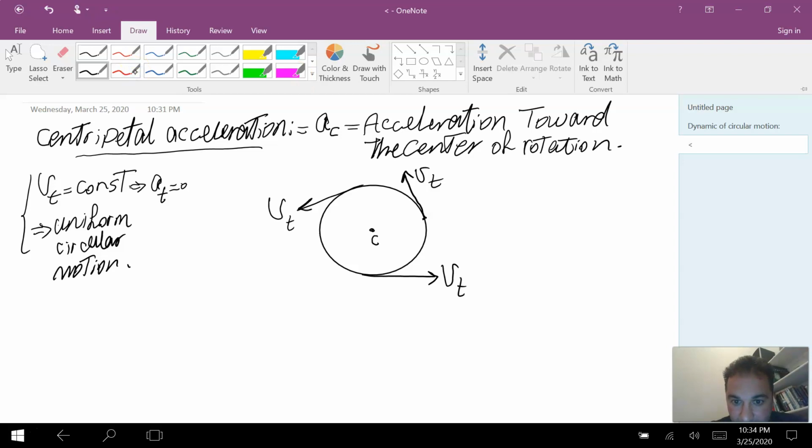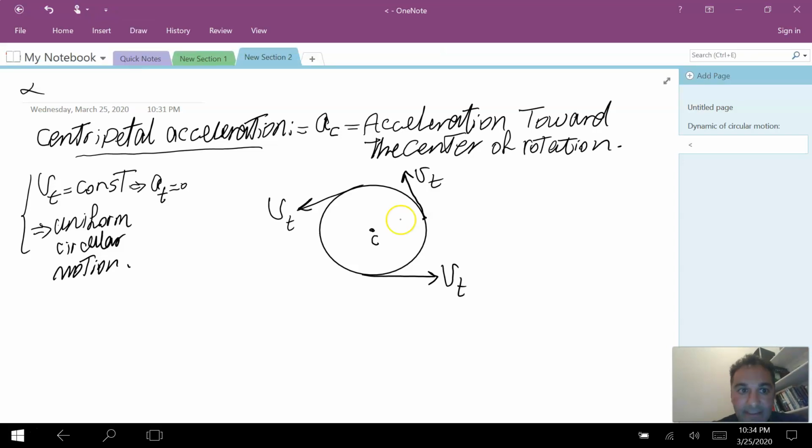And at the same time, it makes acceleration toward the center, the center of rotation.